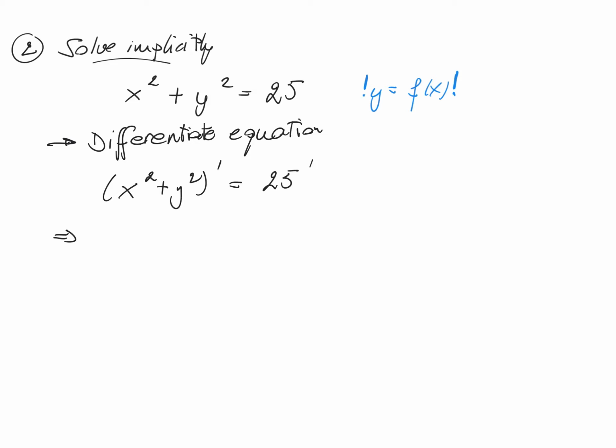Here the derivative of a sum is a sum of derivatives. So this is x squared derived plus y squared derived equal to 25 derived. Then the derivative of x squared is 2 times x plus the derivative of y squared. So y squared depends on x, so this derivative is not 0. The derivative of a function to some power is 2 times the function times the derivative of the function.